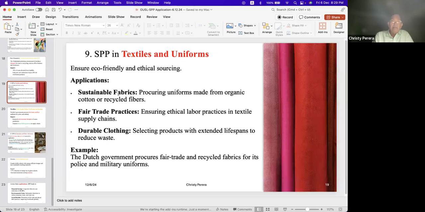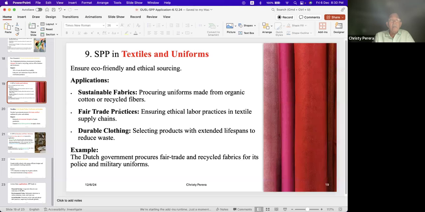When they make the fabric, they make it under sustainable conditions. Procuring uniforms made from organic cotton or recycled fibers. Fair trade practices, ensuring ethical labor practices in the textile supply chain.